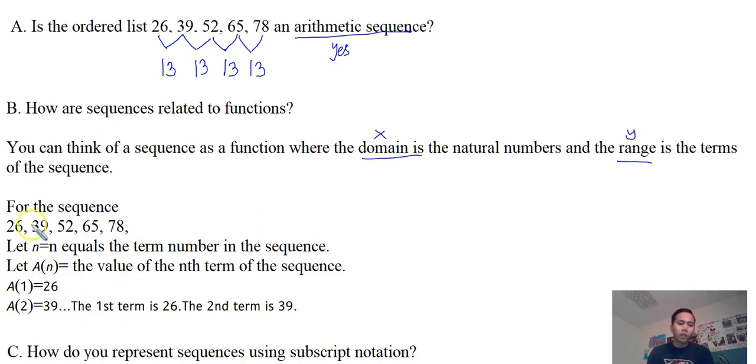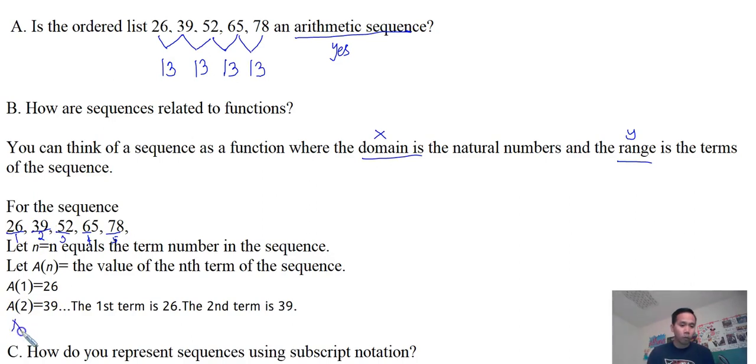So this is the first term, this is the second term, this is the third term, you have the fourth term, and then we have the fifth term. So a sub 1, that's the first term, is equivalent to 26. a sub 2 is equal to 39.